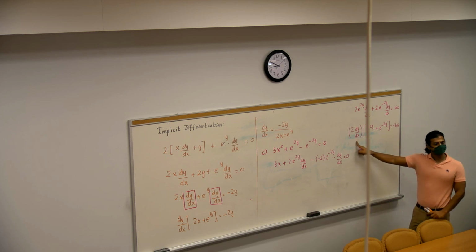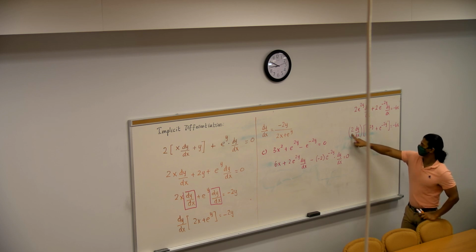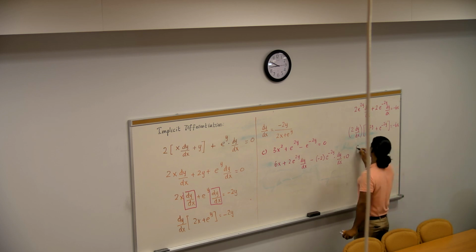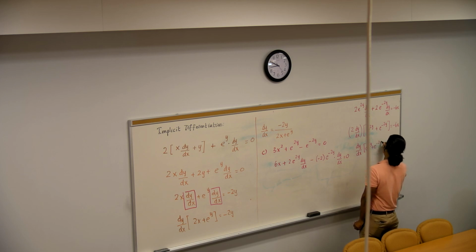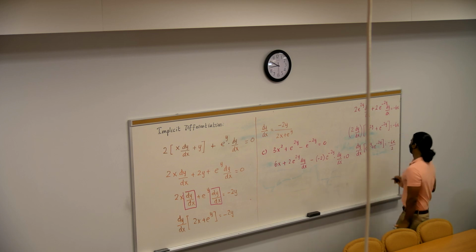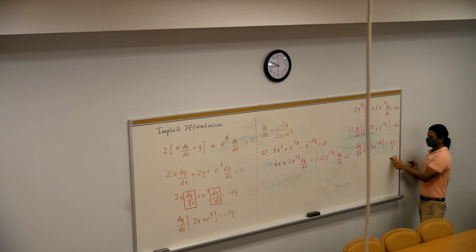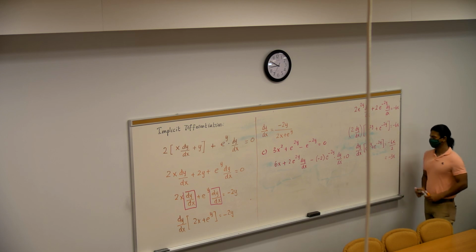I'm trying to solve for dy over dx, so I have to divide by 2 first. Negative 6x over 2 would simply be negative 3x.